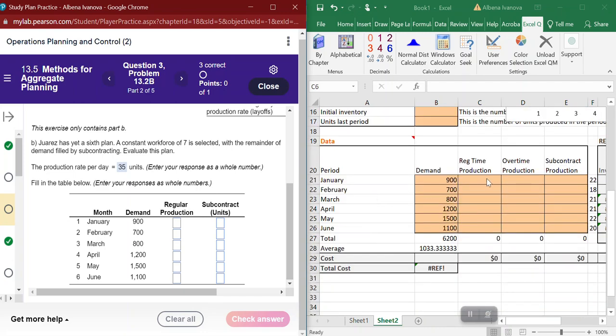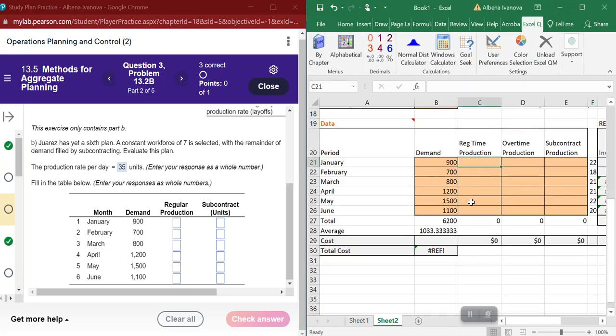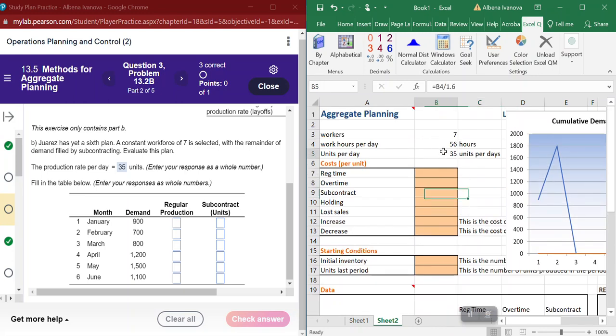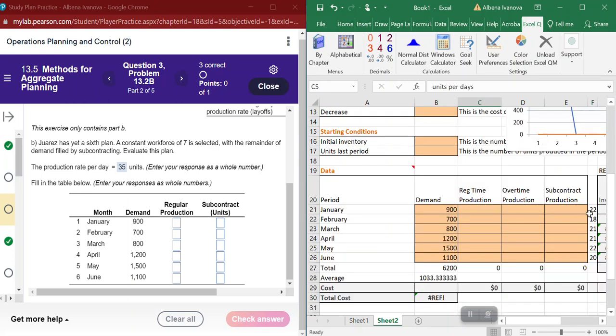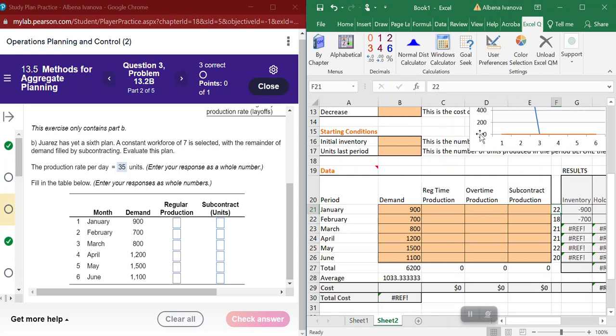So in this particular case, my regular production, remember I produce 35 units every day and I have 22 days in January. So I am going to produce with regular production 35 multiplied by the number of days in January.